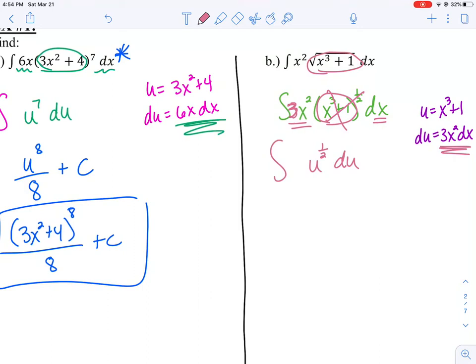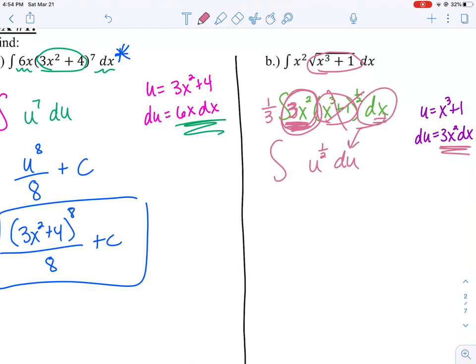So if I multiplied something by 3, could I go back and divide it by 3 or multiply it by 1/3? Because technically then the 3's cancel each other out and I wouldn't be affecting the value of my problem. But now I have a 3 in here, and now I have a 3x squared dx. I have everything I need to be able to call that du.